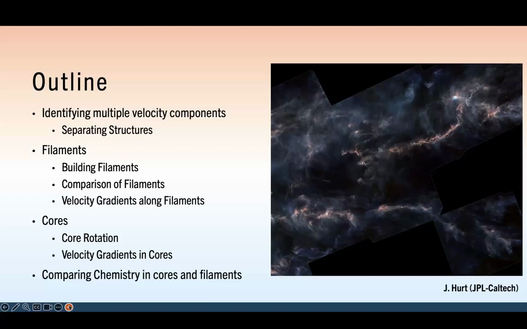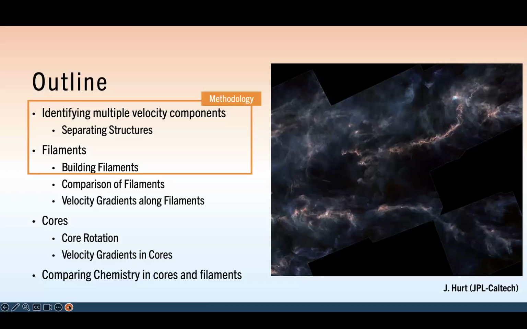So just as a brief outline, we'll start by talking about how we identify and separate multiple velocity structures within this molecular cloud. Then we'll talk about filaments, all things filaments, from identifying and building them, comparing them, and measuring velocity gradients along these filaments. And then we'll end by talking about cores, core rotation, and gradients in those, along with some of the chemistry that's going on inside of it.